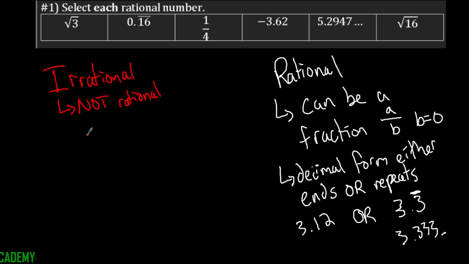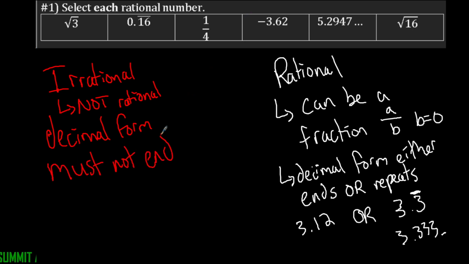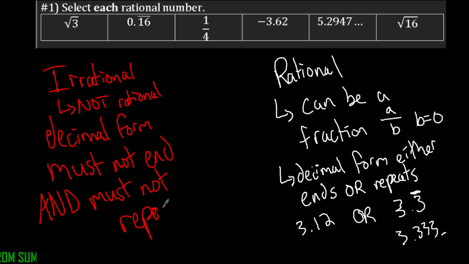The decimal form must not end, and it must not repeat. So notice how it's just the opposite of what it means to be rational. So if it does both of these, then it's going to be not rational. If it does one of them, it's going to be rational. Or if it's a fraction, it's going to be rational.